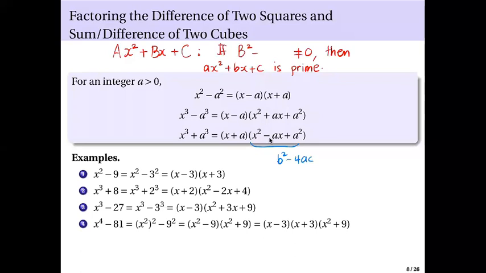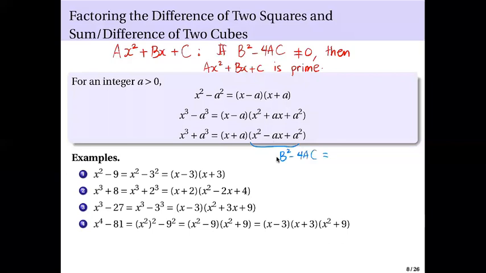So this is b squared minus 4ac, and therefore, if we use this now, we have to check that b squared minus 4ac.